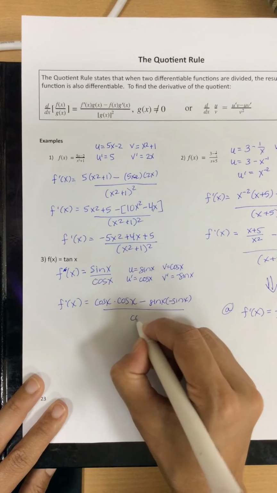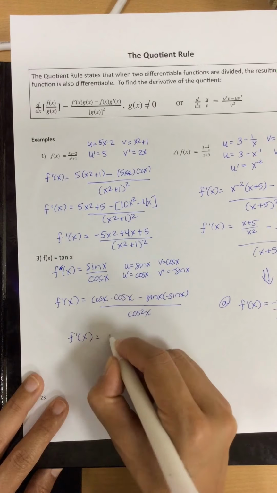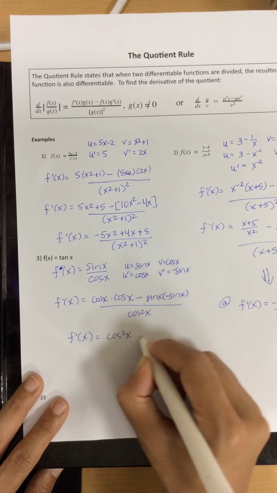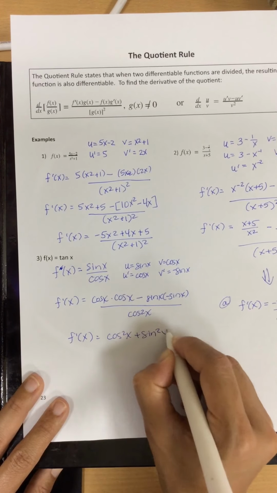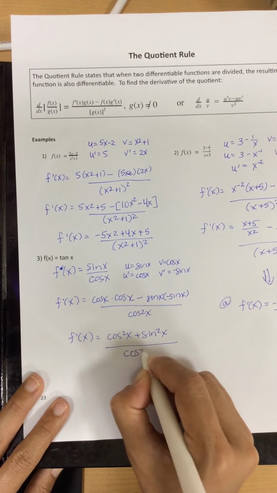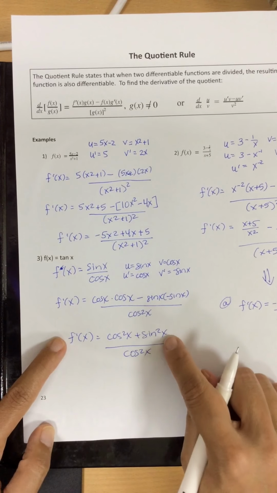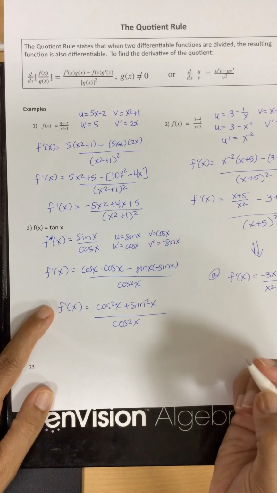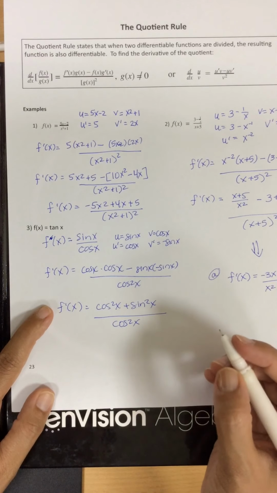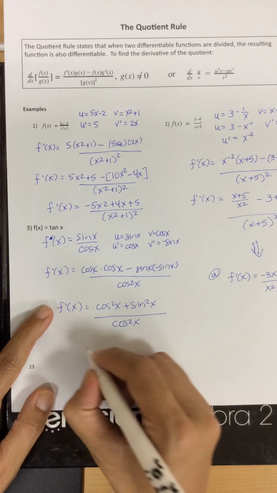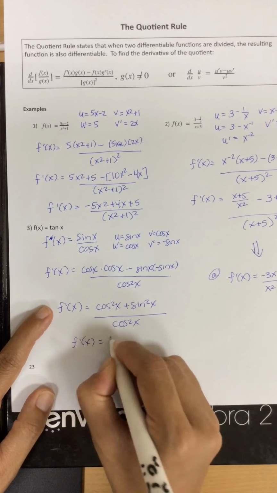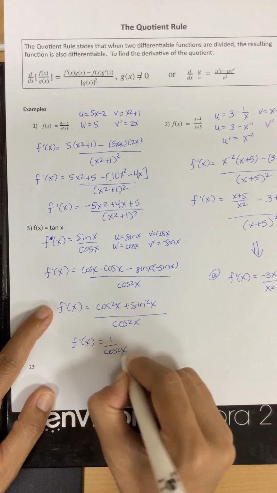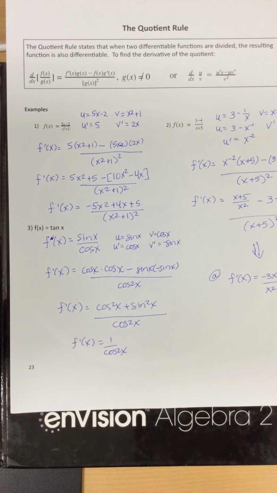Okay, so let's see if we can simplify this thing out. This comes out to cosine squared x plus sine squared x all over cosine squared x. Okay, what does cosine squared x plus sine squared x mean? That becomes 1, right? So we're left with 1 over cosine squared of x.